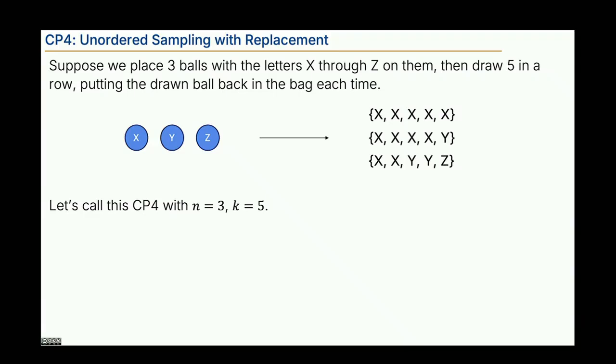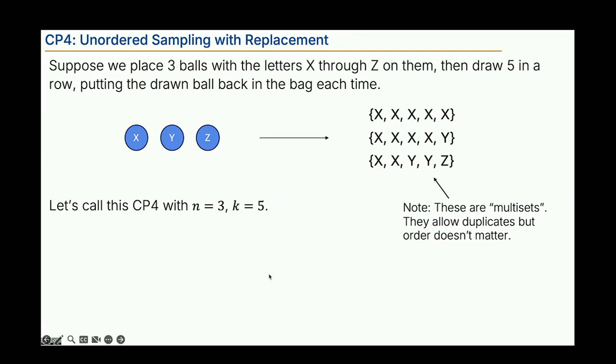Now in this particular case, these are multi-sets. They allow duplicates, but the order doesn't matter. Okay, so there happen to be multiple X's in there, that's fine, and we don't care about the order. I'm going to call this counting problem 4, where there are n equal to 3 choices, and we did k equal to 5 draws, and naturally the question is, well, how many of these occur?